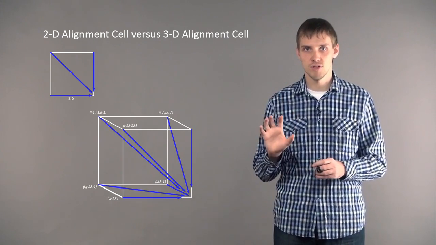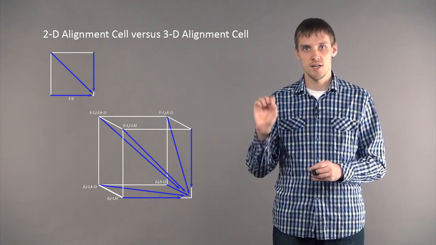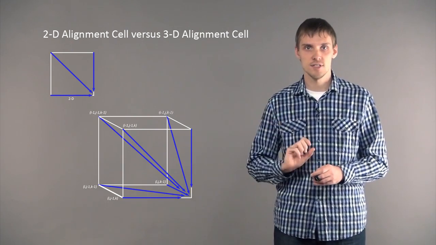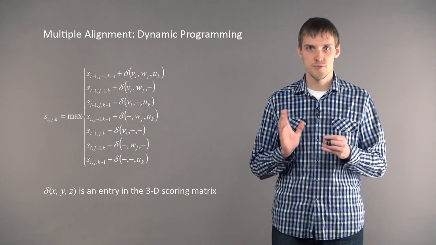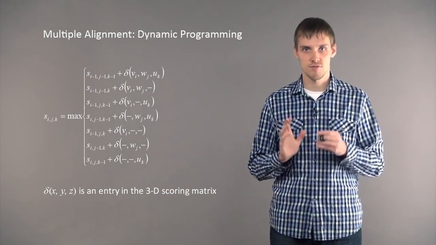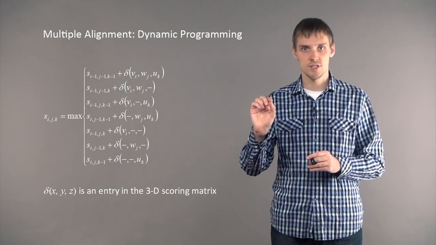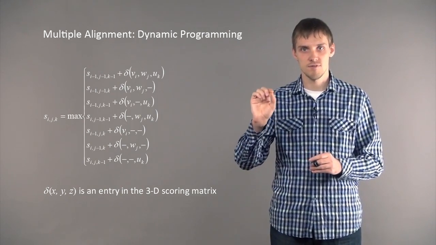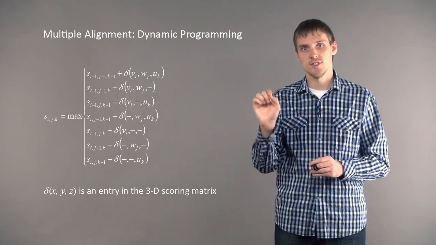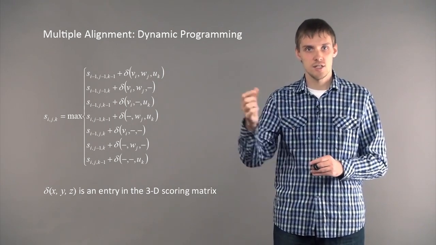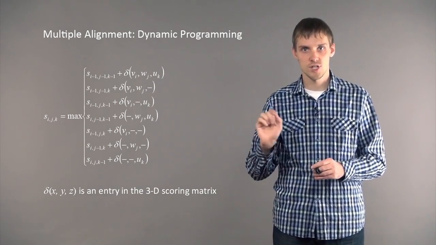For example, for a three-dimensional alignment cell, you will need to take a maximum of 7 values. And here are the dynamic programming equations for aligning three sequences. You will need to find a maximum among all 7 neighbors plus the score of moving from this neighbor to the current node.